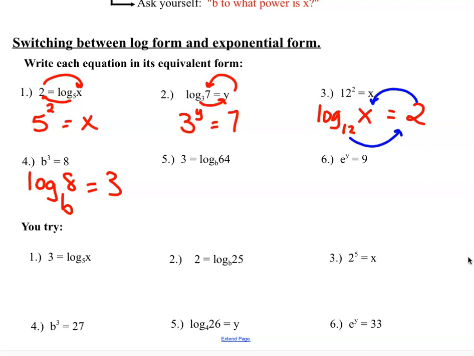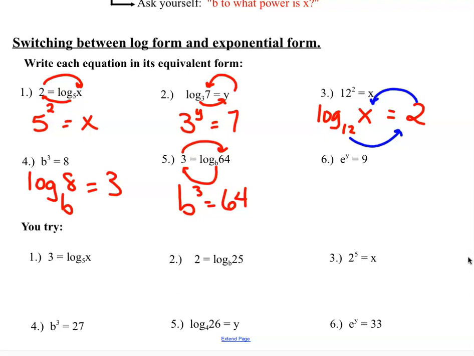We have one in log form, so we're going to do our circle to rewrite it in exponential form. Our base is b. It's being raised to the third power, because remember the answer in your log is your power. And we should get to a 64. So yesterday we talked about e. We called it our natural base.